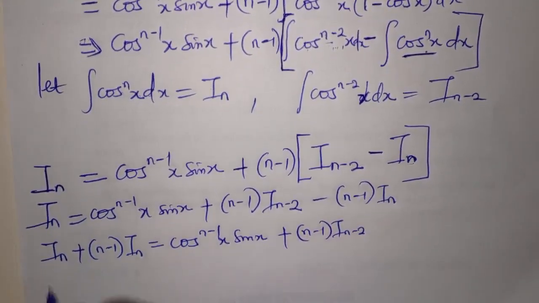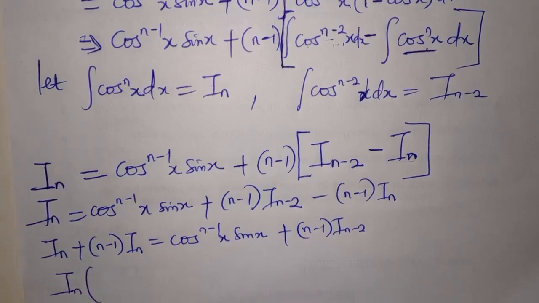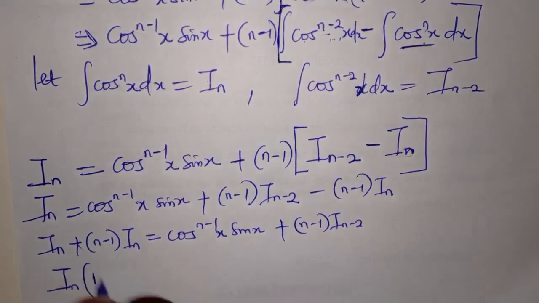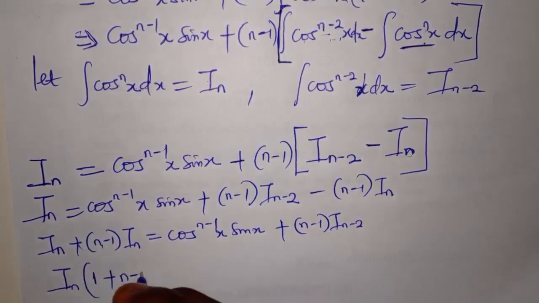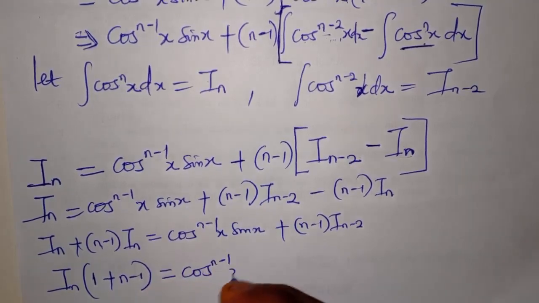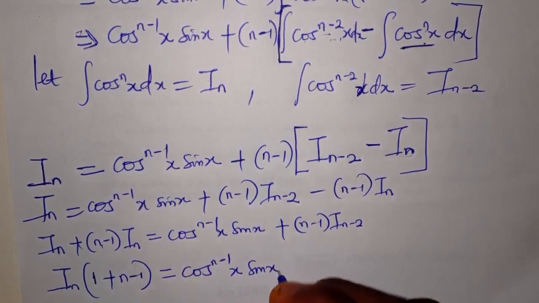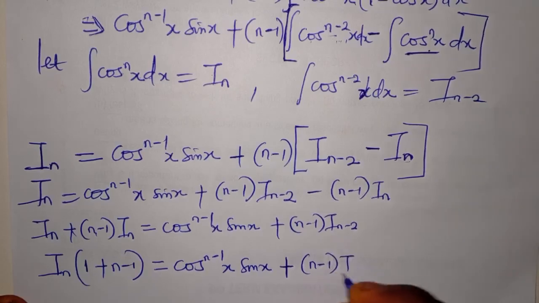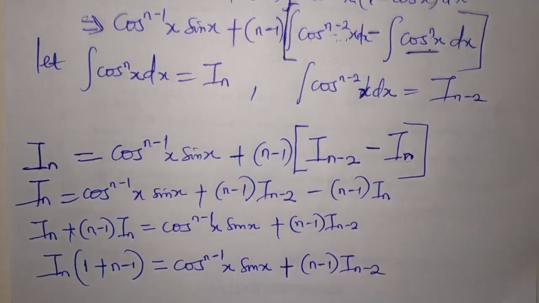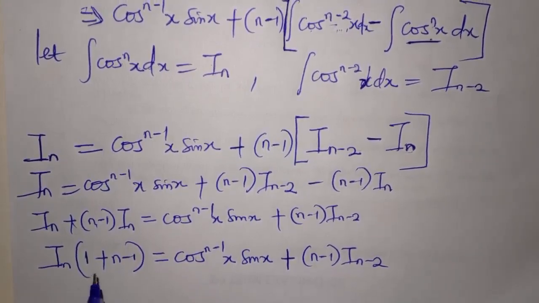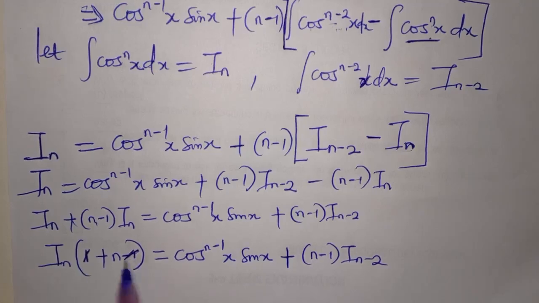Here we have I sub n common to these two. Factoring it out, we have 1 plus what was left here, n minus 1, equal to cos^(n-1) x sine x plus (n minus 1) I sub n minus 2. Finally, we divide both sides by the coefficient of I sub n. 1 minus 1 is 0, so that one is out.